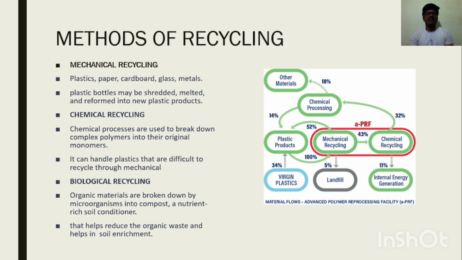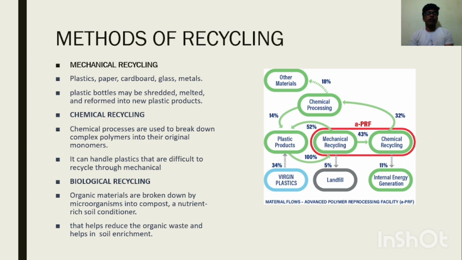Chemical recycling is similar to mechanical recycling, but we use chemicals for the breakdown of the complex polymers. Heavy plastics or heavy materials cannot undergo mechanical recycling, but in chemical recycling we can recycle heavy products, materials or plastics.